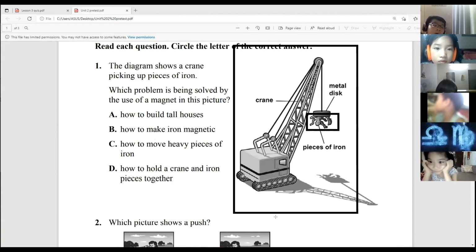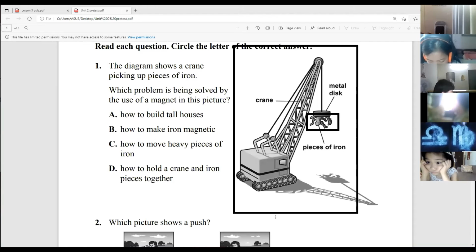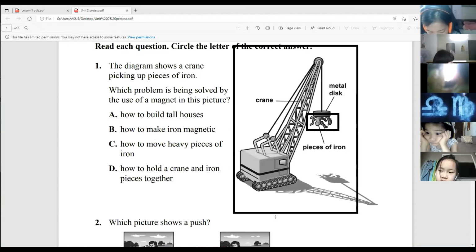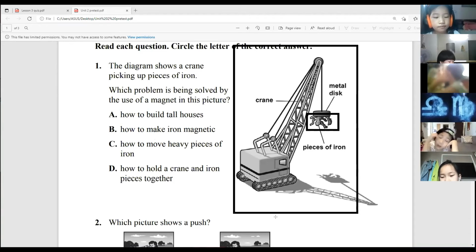How to build tall houses, how to make iron magnetic, how to move heavy objects of iron, how to hold the crane and iron pieces together. So what is being solved?